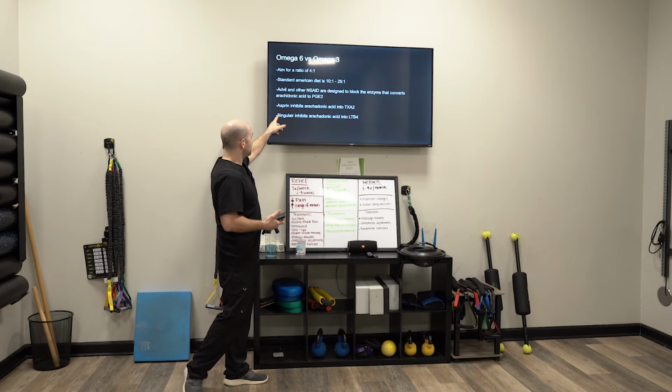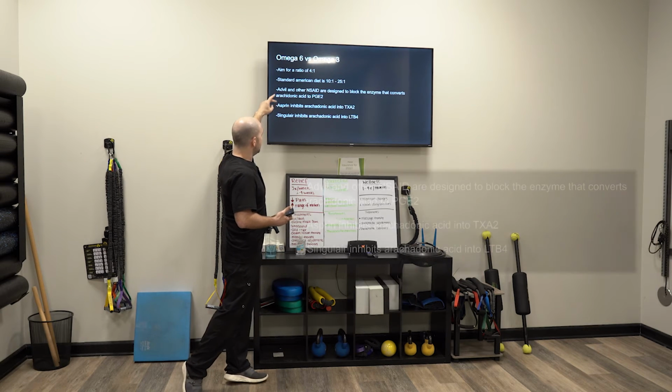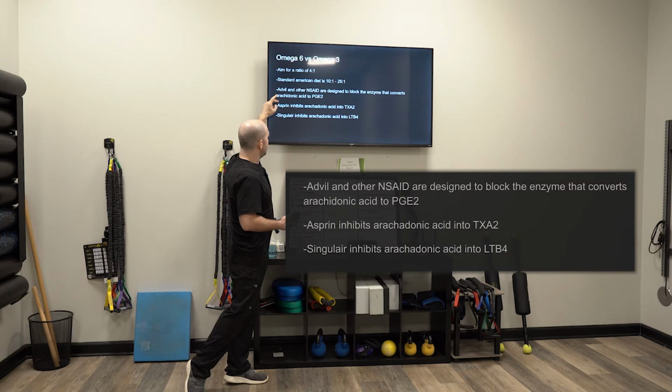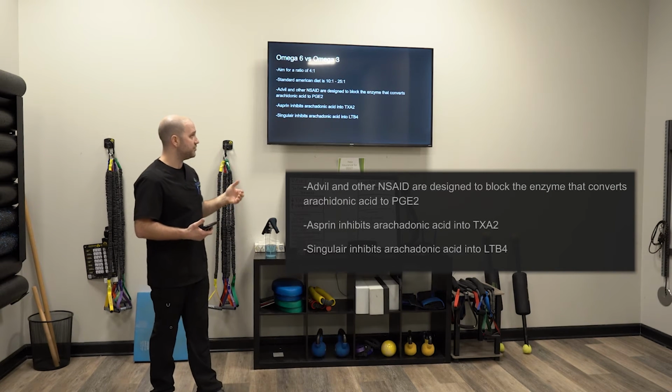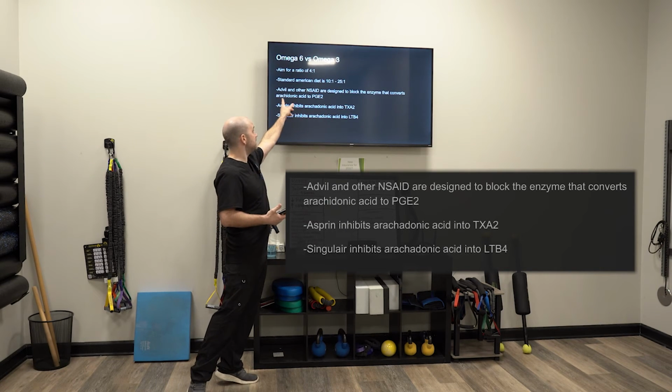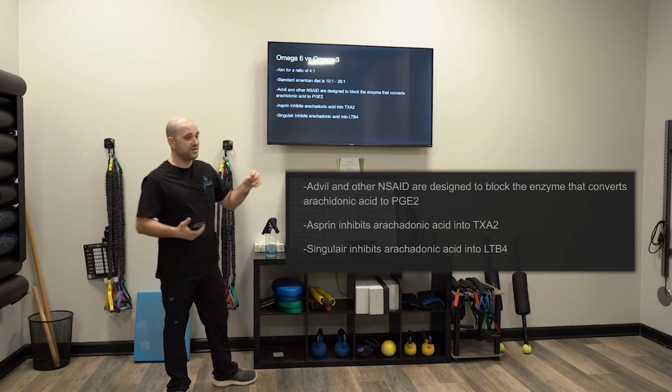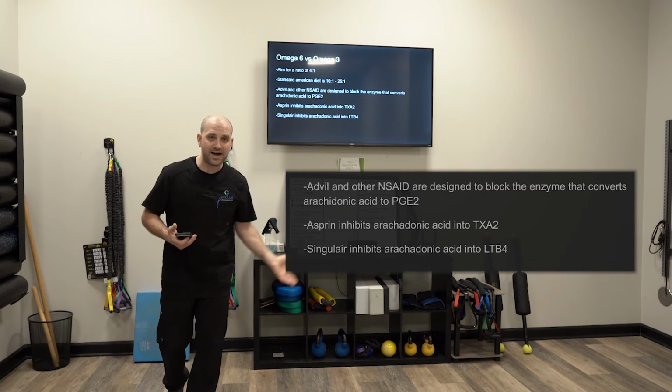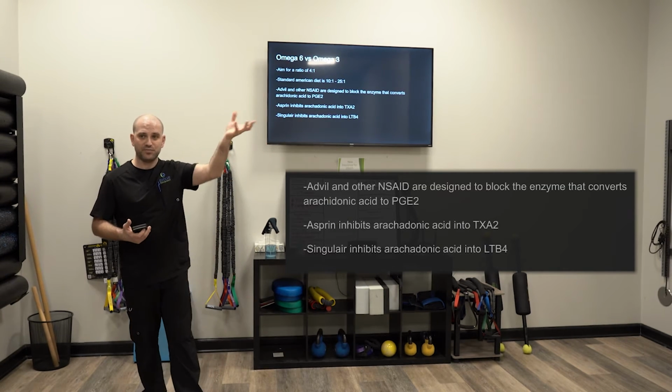Looking here, these are some interesting points. So these medications that people are typically taking are basically designed to block the pathway. So there's this arachidonic acid, which is basically produced in the body by high omega-6 fatty acid products.